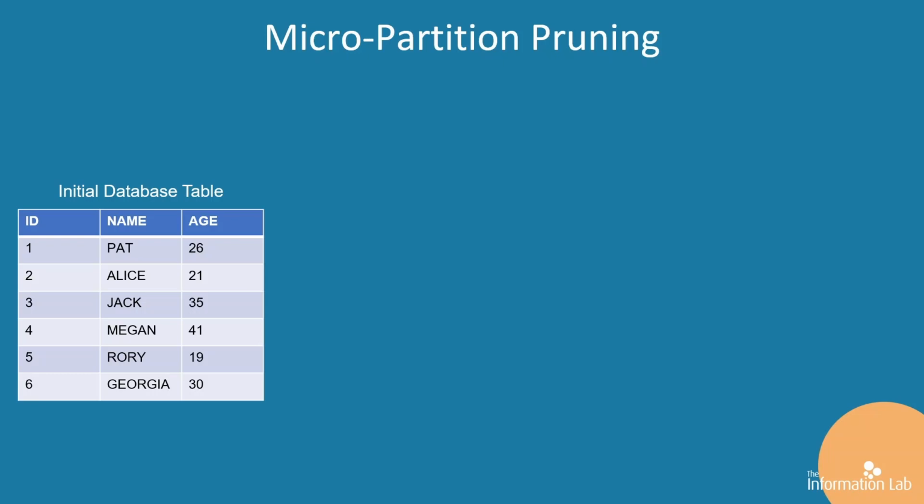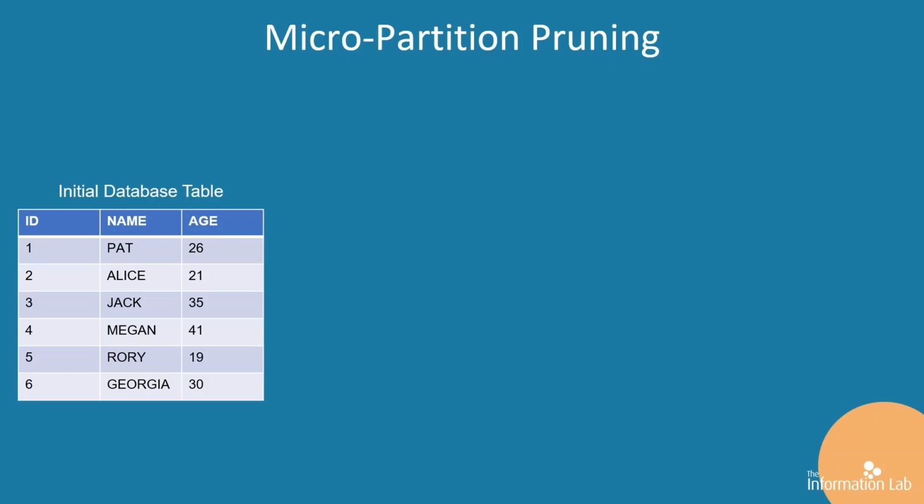Snowflake will only scan the micro-partitions that meet the conditions of your filter, and so will prune the remaining partitions, meaning that the data that is pruned will not be scanned at all. Because all the data isn't scanned, queries are able to run much faster, and therefore are more performant overall.